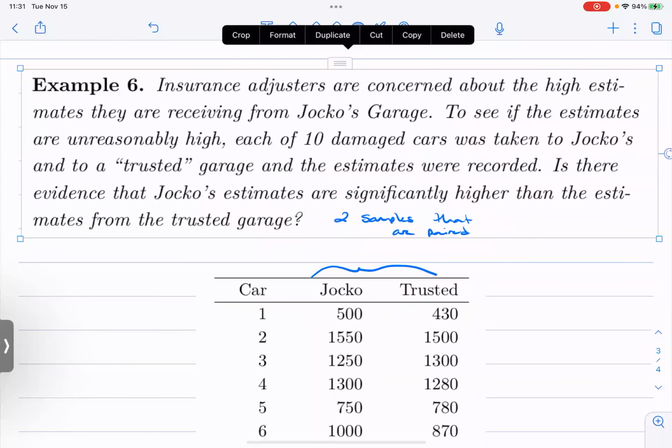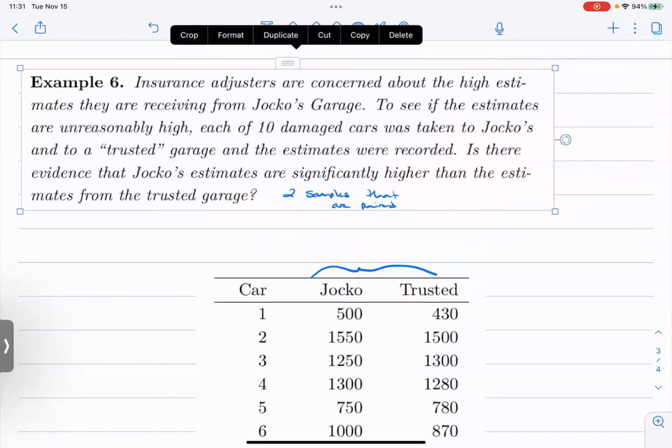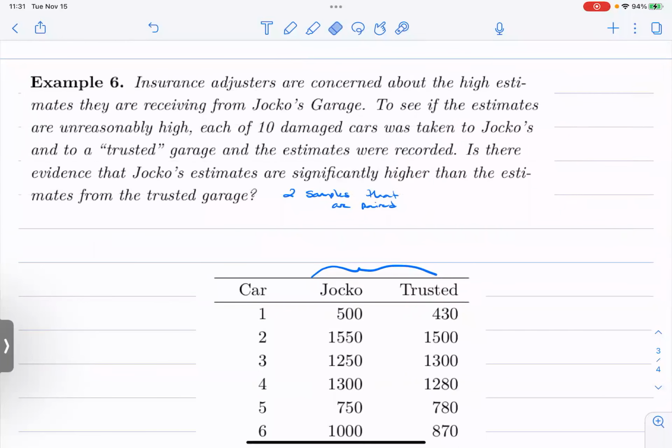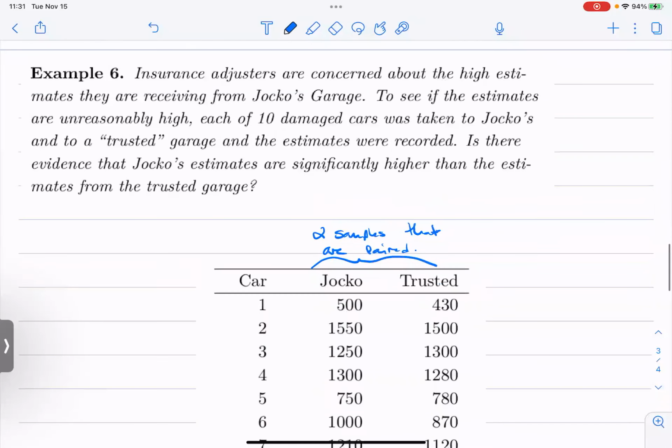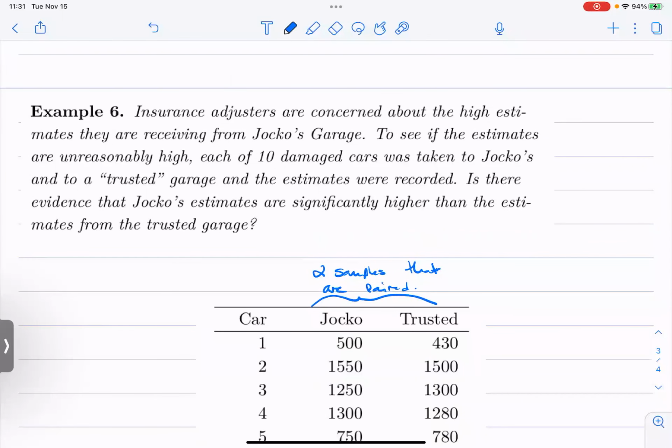Undo. That are paired. Only because I know I'm gonna have to copy and paste later anyways. All right.